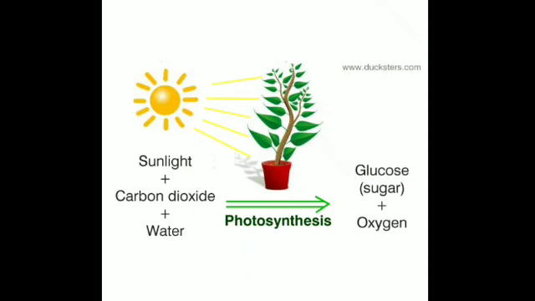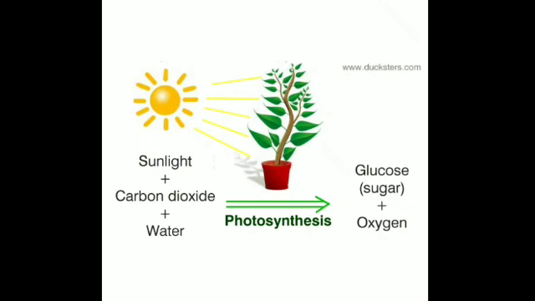During photosynthesis, carbon dioxide combines with water in the presence of sunlight. Is that clear? And in the presence of chlorophyll present in the plant, it forms glucose and oxygen.